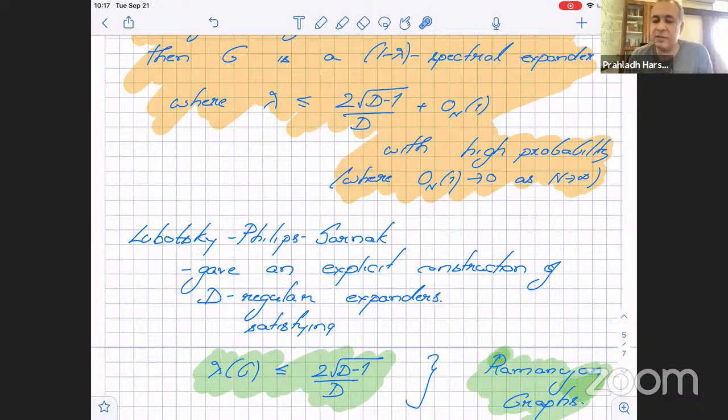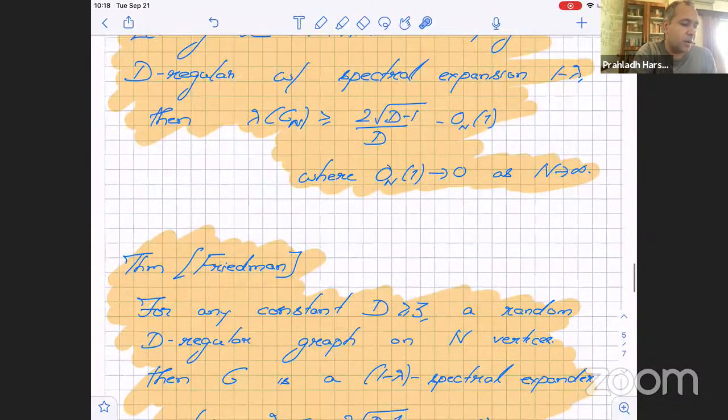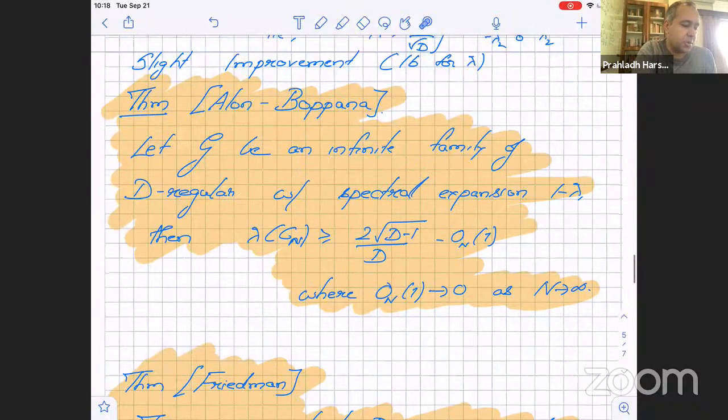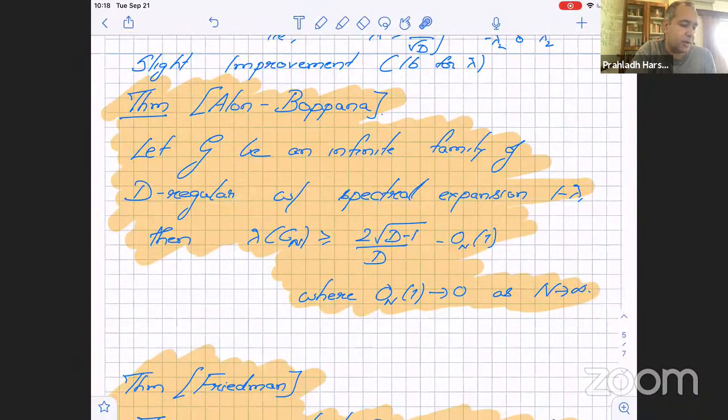Since their construction, because they used some theorems of Ramanujan while proving this, any graph which has this property is called a Ramanujan graph. So a Ramanujan family of graphs has this property, and on the other hand, it is upper bounded by 2 square root D minus 1 by D. It is lower bounded by this and upper bounded by this.